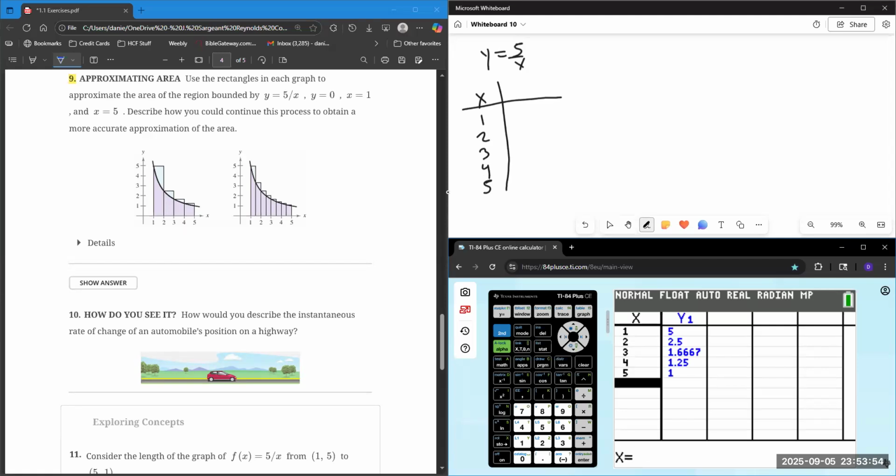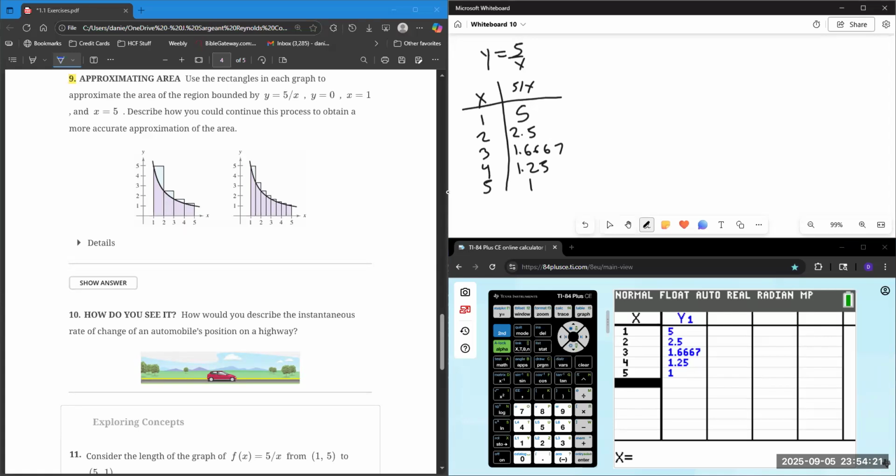This is 2.5, 1.6667, 1.25, and 1. So these are our heights here of our rectangles using the left-hand side for finding these.